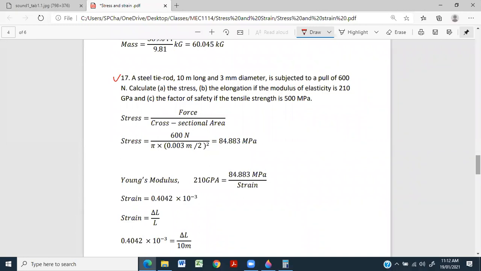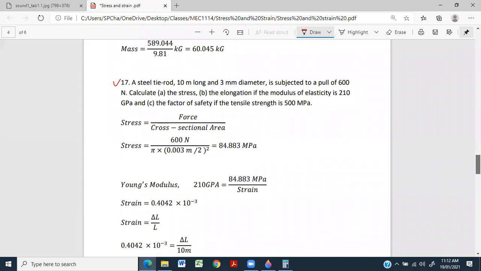All right, good. So this steel rod is 10 meters long, 3 millimeters in diameter. The diameter tells us the area, and we can find stress, which is part A. So force divided by cross-sectional area.